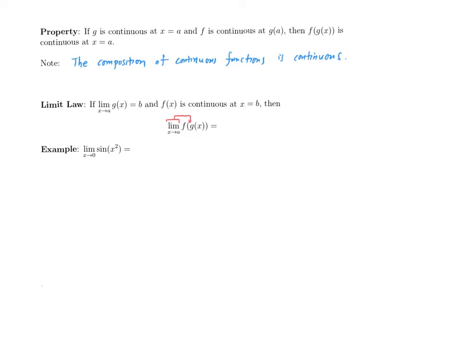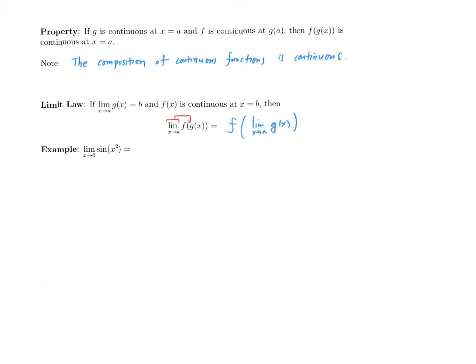So this would become f of the limit as x approaches a of g of x. To repeat, as long as the function f is continuous and the limit exists, it makes sense to just push that limit inside a continuous function.